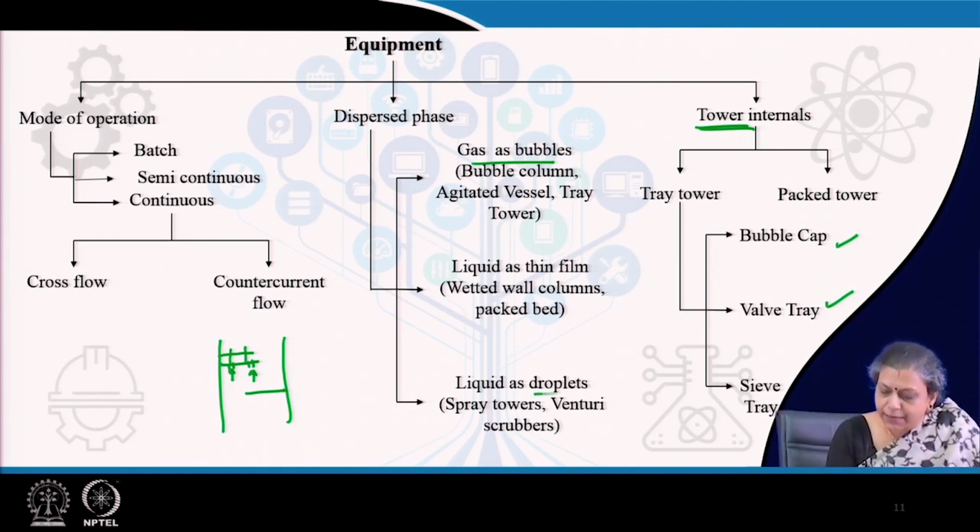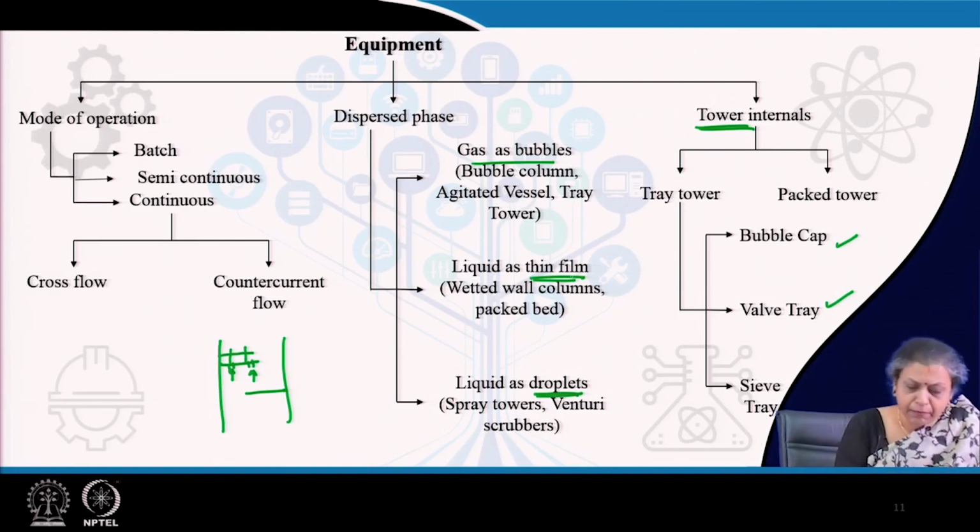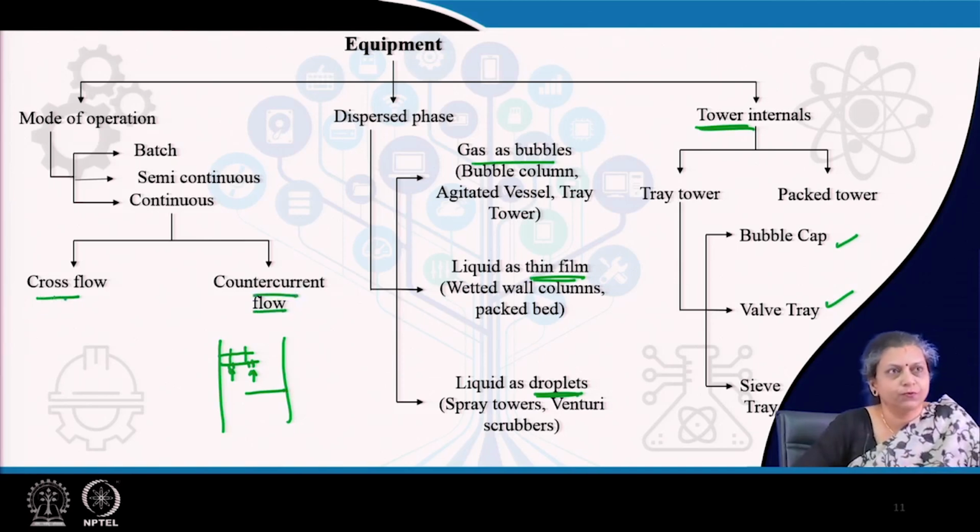The liquid phase can be dispersed either as droplets or maybe they are broken down as thin films. And between the different cascades, the flow is mostly counter current, it can also be cross flow.